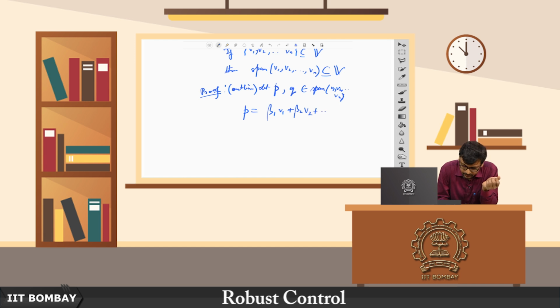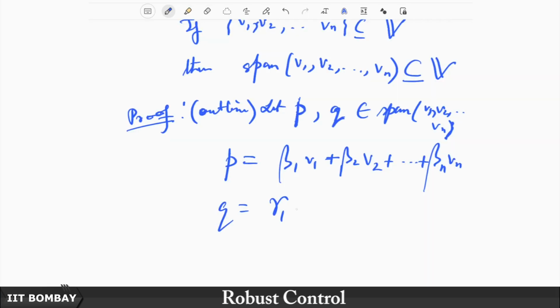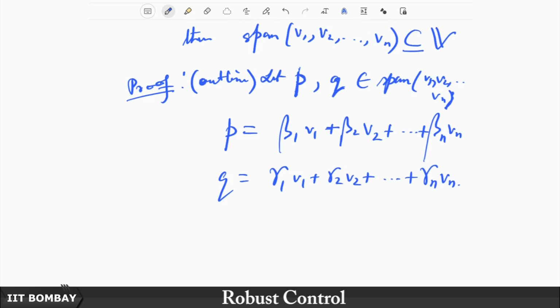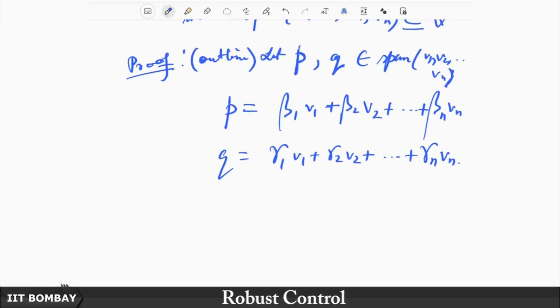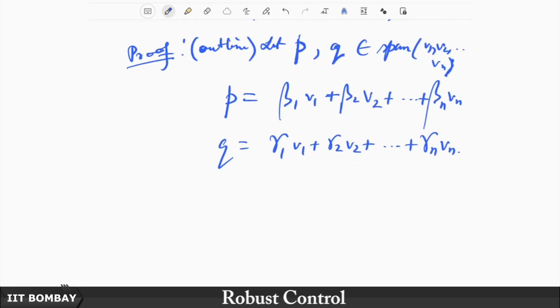And Q can also be written as gamma 1 V1 plus gamma 2 V2 plus gamma n Vn, isn't it? We can do that. There is absolutely nothing stopping us from doing that.